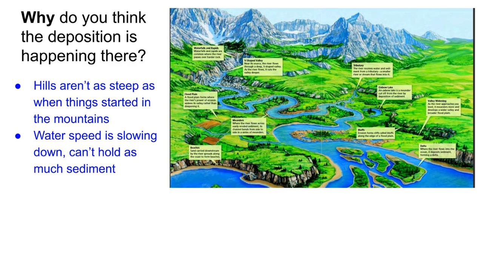And then if you get down towards the mouth of the river, sometimes these tributaries and streams are running into larger bodies of water, which slows that water down. Also along the edges of rivers and streams, we can have areas where the water itself will slow down and drop sediments. So we have some nice little river beaches.